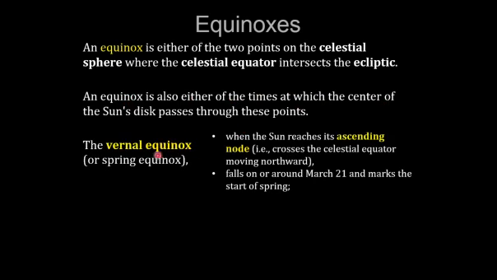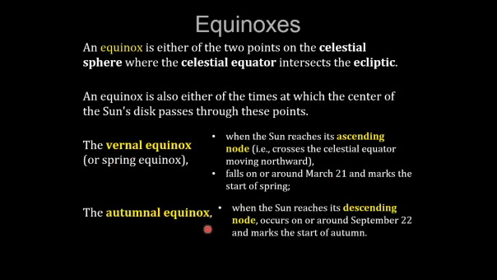So vernal equinox or spring equinox is when the sun is crossing the celestial equator, moving from south to north, and it comes on March 21st and marks the start of spring in the northern hemisphere, and hence the term spring equinox.